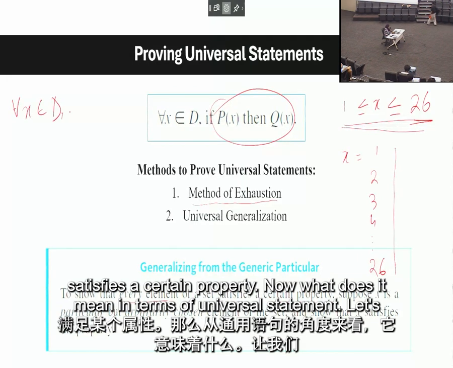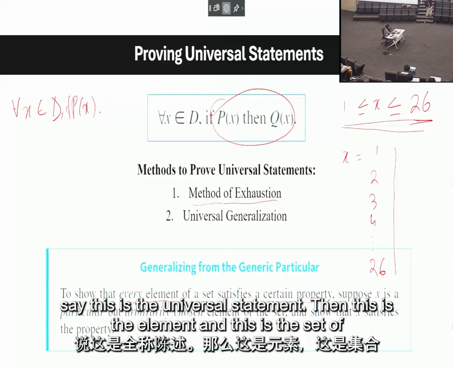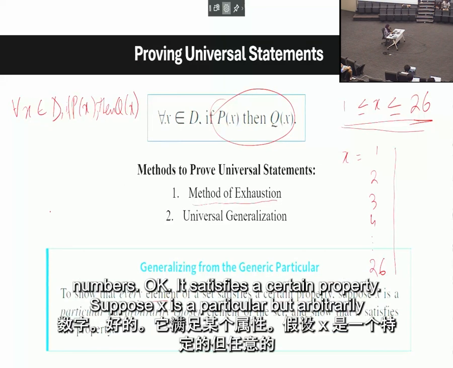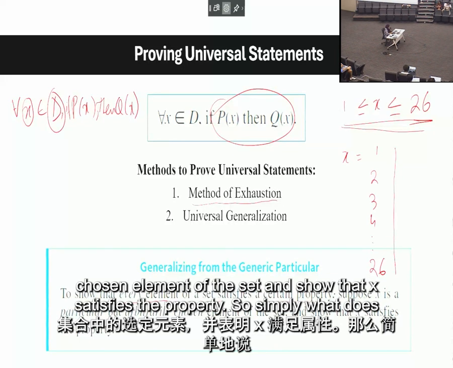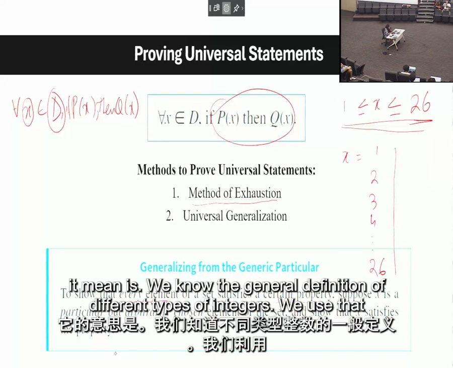Let's say this is the universal statement, then this is the element, and this is the set of numbers. Okay, it satisfies a certain property. Suppose x is a particular but arbitrarily chosen element of the set, and show that x satisfies the property.